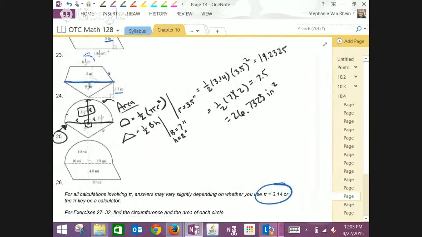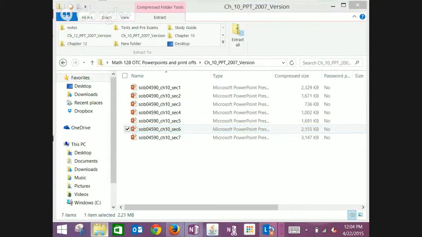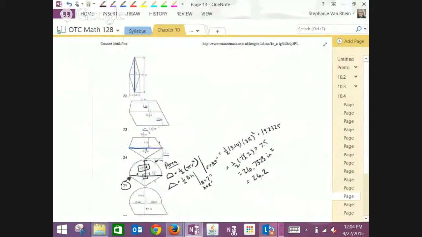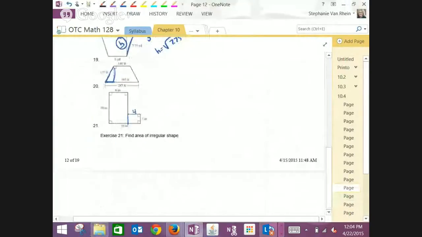Do they round to 1 decimal, 2 decimals? 26.2 in the book. Let me go back. Does it say anything about pi? Find the area of the irregular shape.